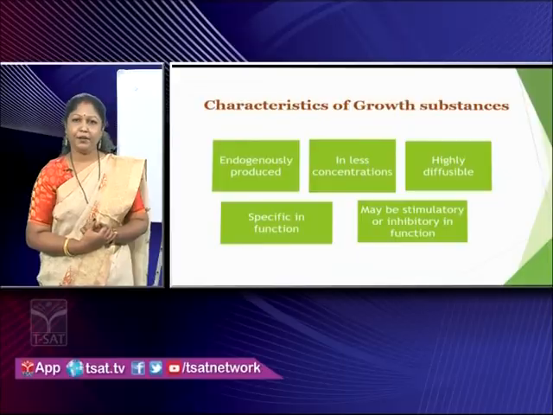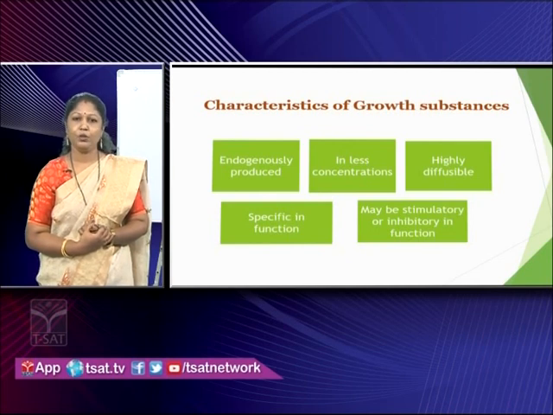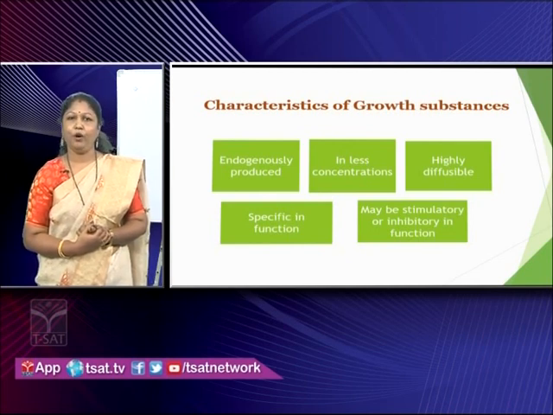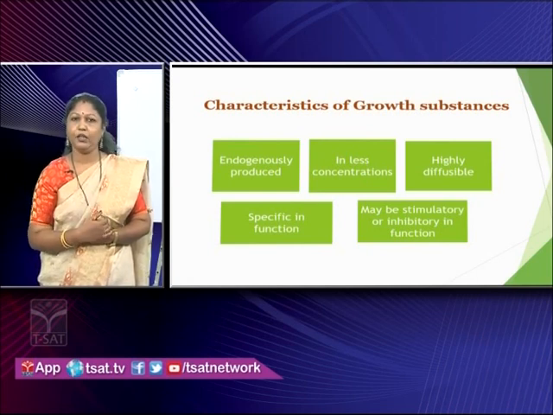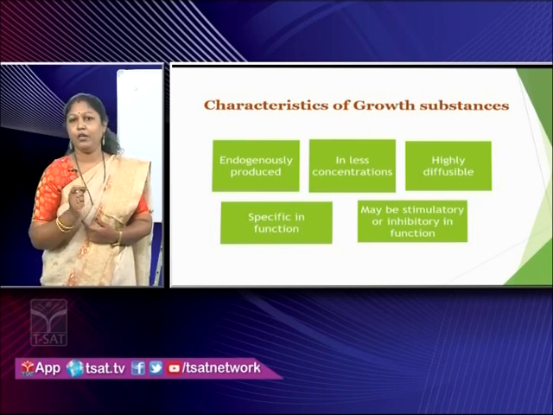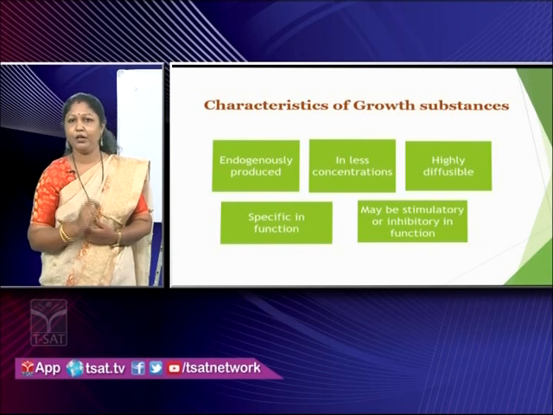So, what are the characteristic features of the growth substances? These are a few of them. They are endogenously produced, that is, produced within the plant in very small concentrations, in nanograms or micrograms, but they can have a very major influence.